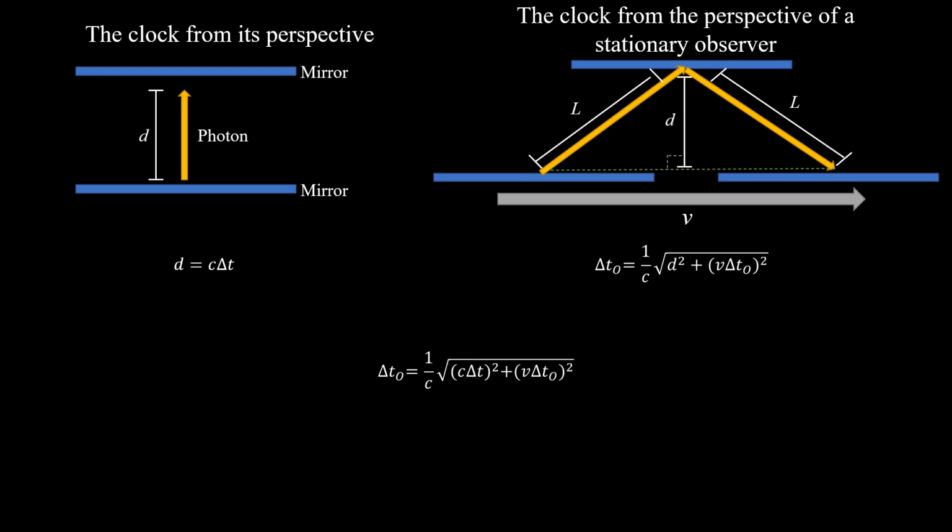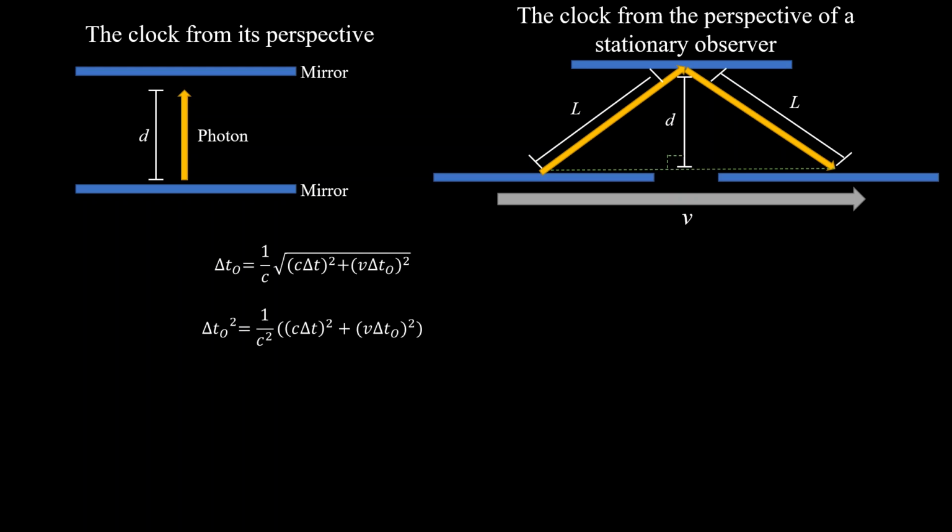Now that we have our equation for the time for each photon movement of the moving clock as observed by the non-moving observer, all we have to do is simplify and solve for delta t observer. First step is that we need to square both sides of the equation to get delta t(O) squared is equal to 1 over c squared times (c delta t) squared plus (v delta t(O)) squared.